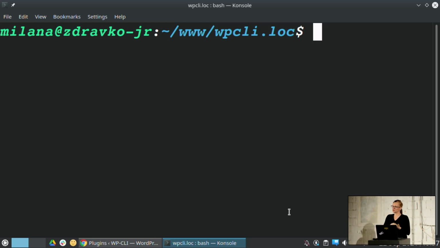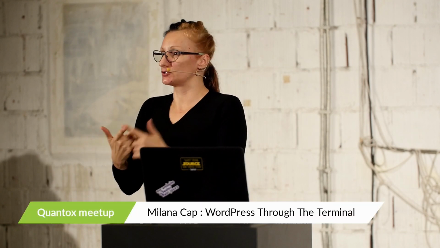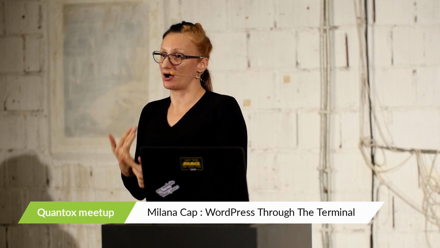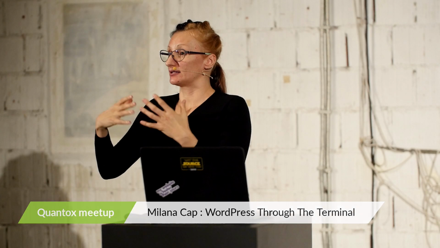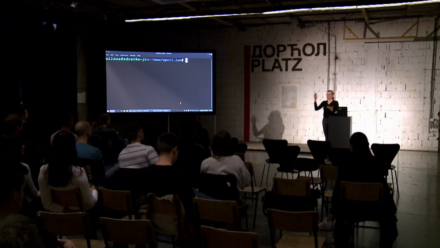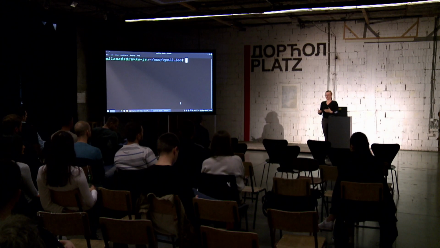So the first thing you could use and find helpful with WP-CLI is the command generate. This command goes with posts, users, menus, widgets, comments, post types. So you can really generate dummy content. When you install a new WordPress and you are starting a fresh project, you need some dummy content.